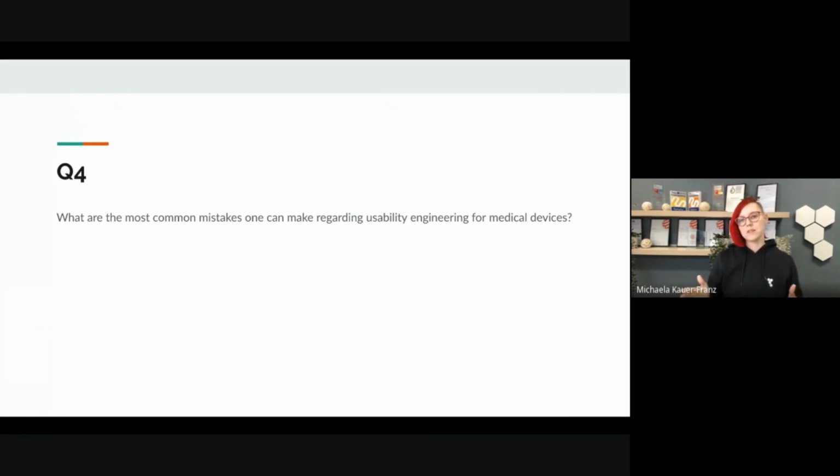But what they do is they set the formative tests as part of the process, and then they do not perform formative studies because they say the standard says it's not mandatory. But within the audit, they check the SOPs and say, hey, wait a moment. Within your process, you say you need to do formative studies. Why didn't you do some? So that's not a standard problem, but that's a compliance problem to their own processes.